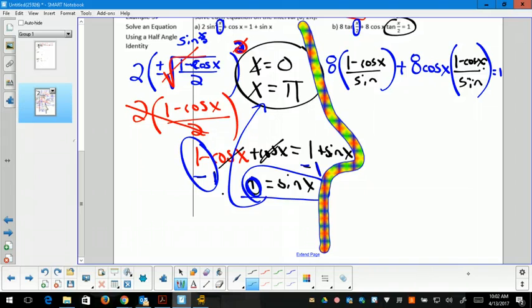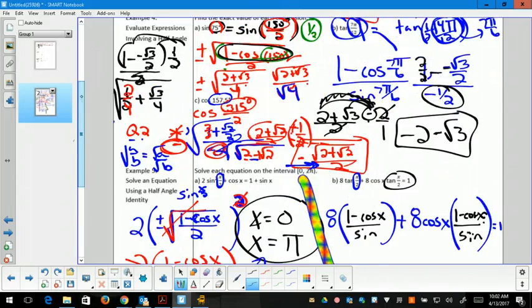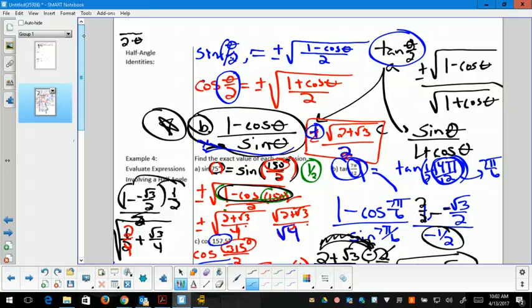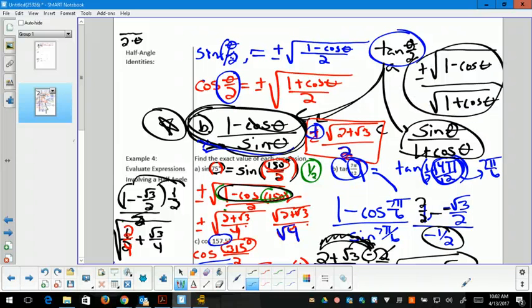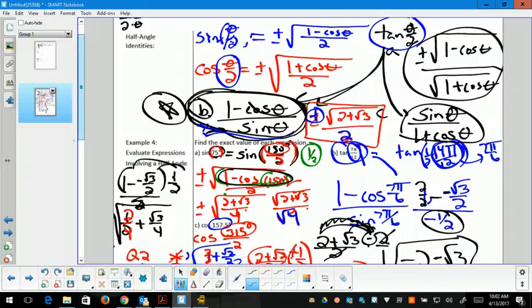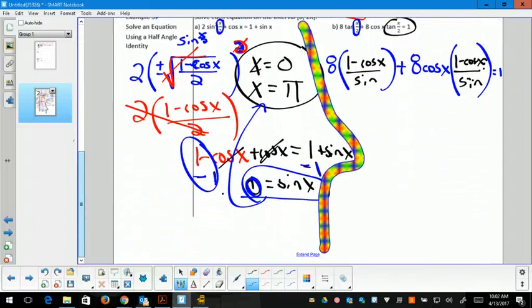So I'm rewriting tangent of x over 2 using the half angle identity for tangent. Letter B up here that we looked at is one for tangent. This isn't for cosine, this is for tangent: 1 minus cosine over sine. You could go with one of these other options if you want, but your denominator is a little more complicated with that. So I decided to go with this identity, letter B.